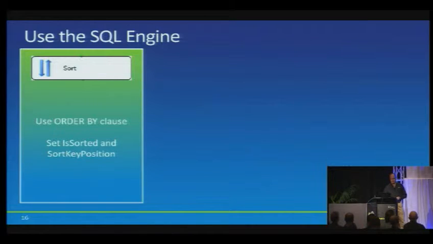One is the sorting. We have a task in SSIS that allows you to sort data. But to sort the data, what must I do? I must first read them all. SSIS is not sorting as it goes and then shuffling pages and pointers. SSIS has to load the whole data set in memory.